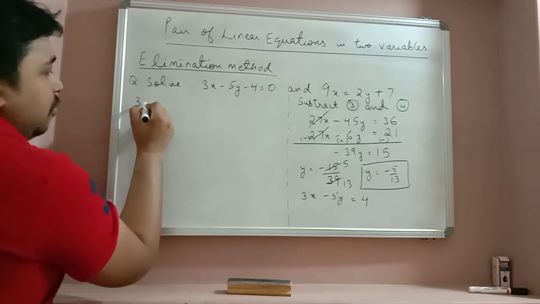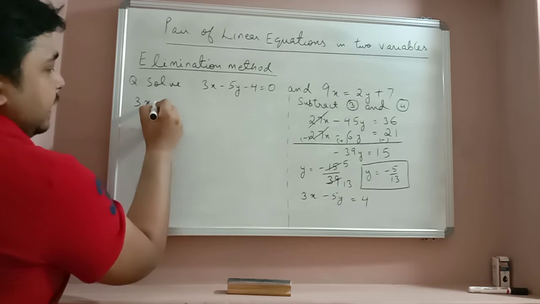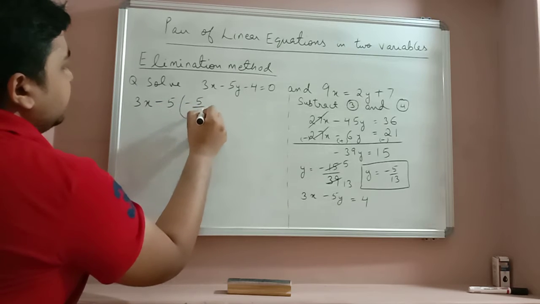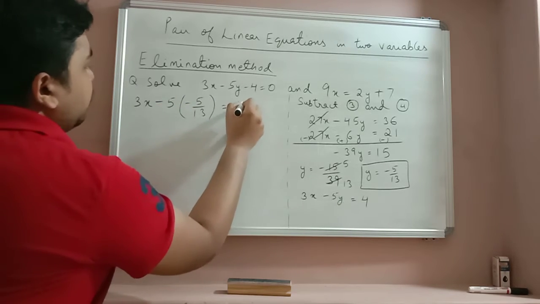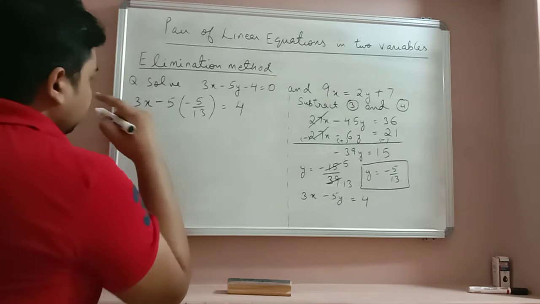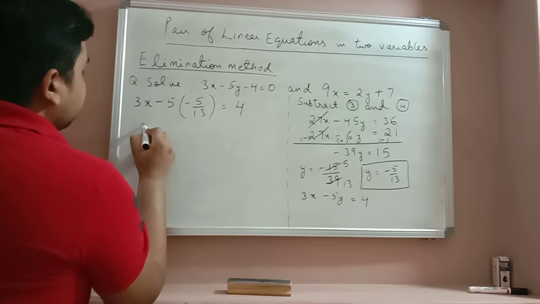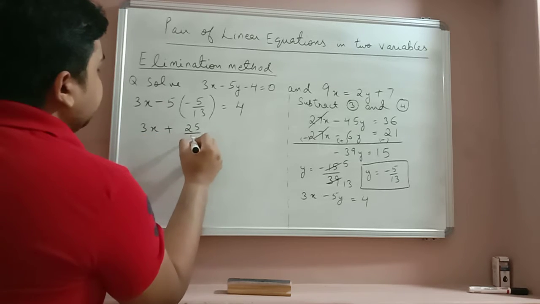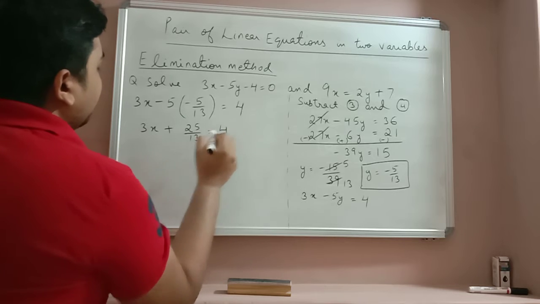I'll put the value of y here: 3x minus 5 times minus 5 by 13 equals 4. Now simplifying, this becomes 3x plus 25 by 13 equals 4.